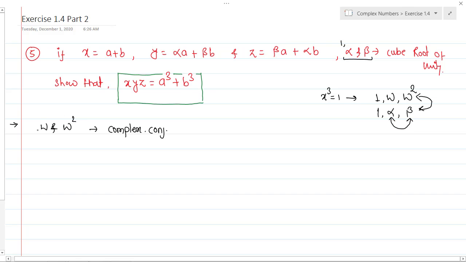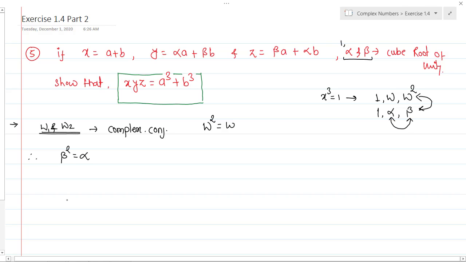And if they are complex conjugates, omega square is equal to omega bar. Sorry, it should be omega 1 and omega 2. Omega 1 and omega 2 are complex conjugates, and we get the result that omega square is equal to omega bar. So can I say beta square is equal to alpha on the same note?